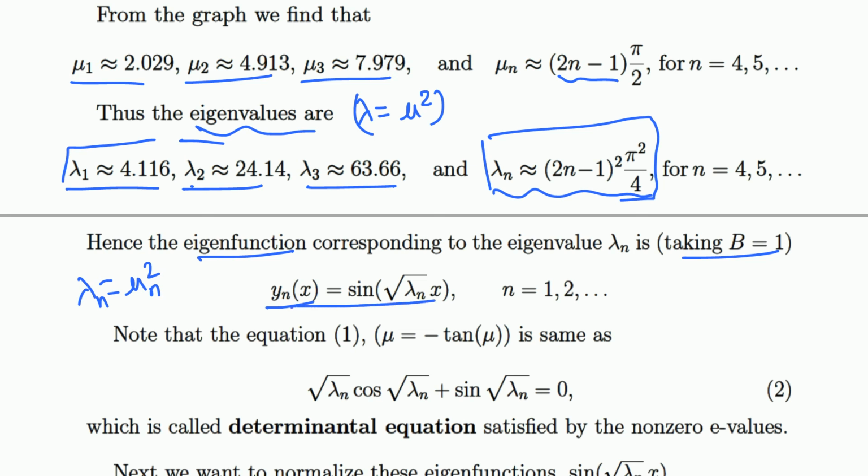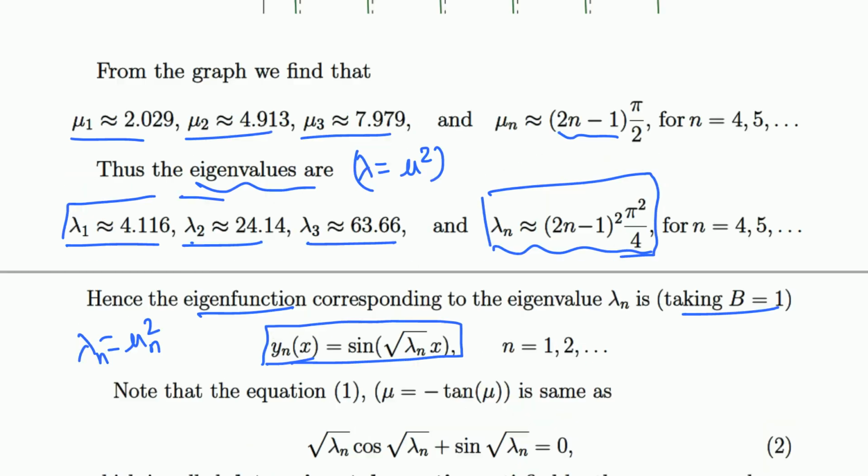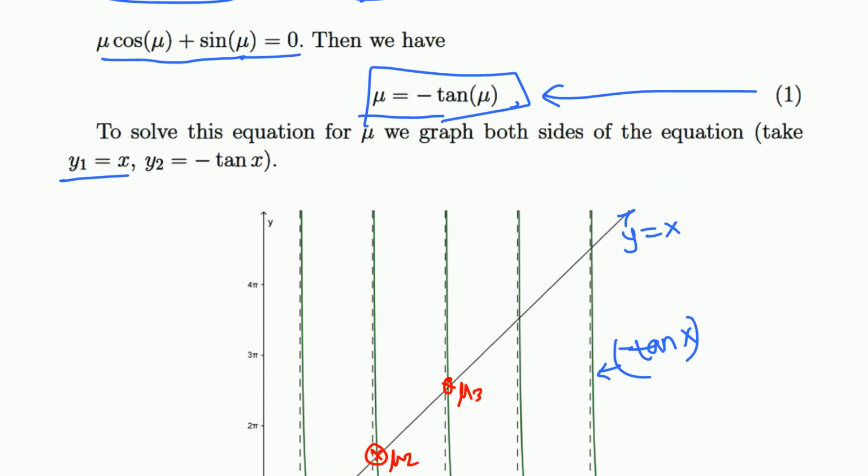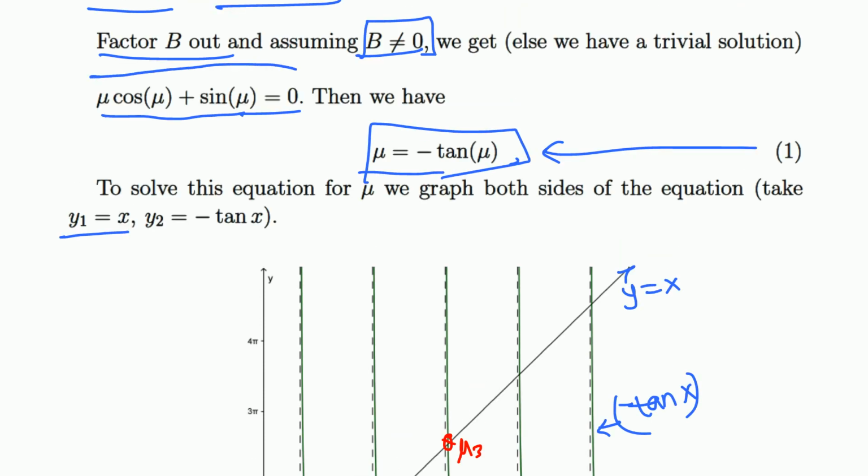Okay, these are eigenfunctions, and our question was to normalize these eigenfunctions. By the way, if we go up and look at this equation 1, this is what we graphed and found the eigenvalues. This is coming from here, and these mu are in fact root lambda, and there are infinitely many we found.